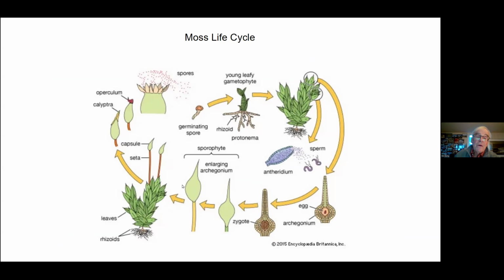And then the sporophyte starts with a calyptra on the top, which usually eventually sloughs off. It's deciduous. Sometimes they're deciduous and sometimes they're not. We'll see that.